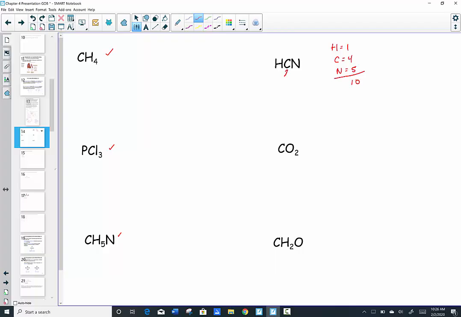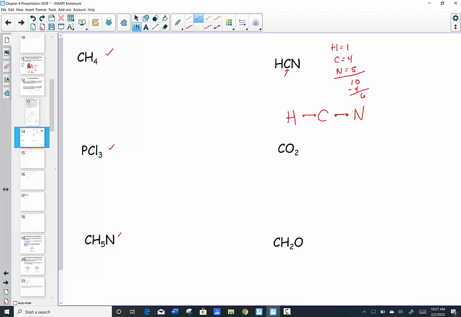The least electronegative element will go in the center. That's carbon. We'll attach all of the other atoms to the central atom. So the carbon is in the center, leading out to nitrogen in one direction, hydrogen to the other. That took a total of 4 dots, because each bond is a pair of electrons.